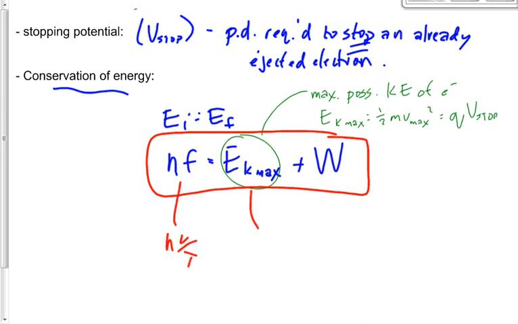We might replace EK max with 1/2 mv squared or QV stop. We might replace the work function with H times the threshold frequency or H times C over the threshold wavelength. Or we might not. Depends on what we have given to us.